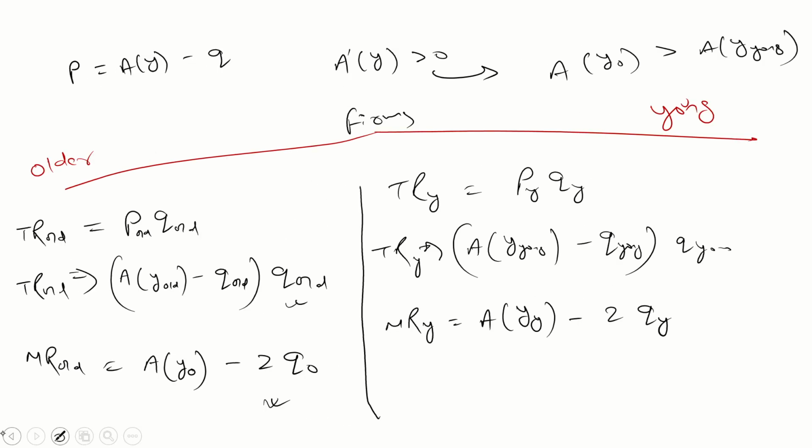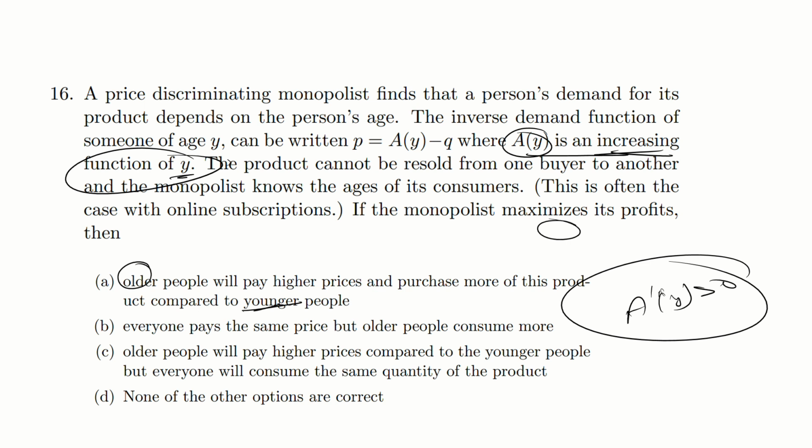So I think the correct option is A. Older people will pay a higher price and purchase more of the product compared to younger people. By that logic, we can conclude that older people will pay higher amounts because Q naught is going to be higher.